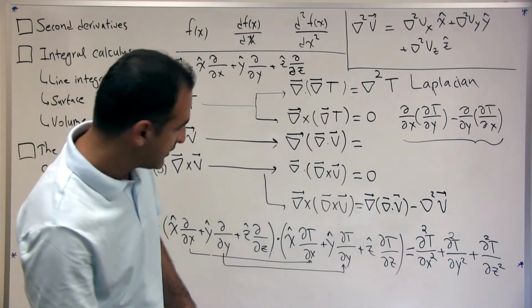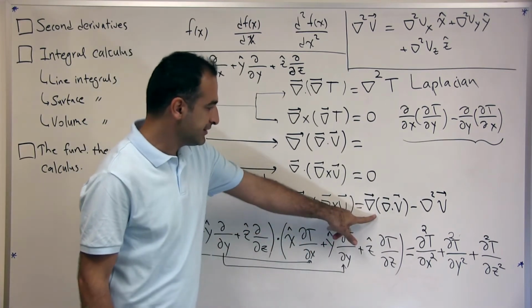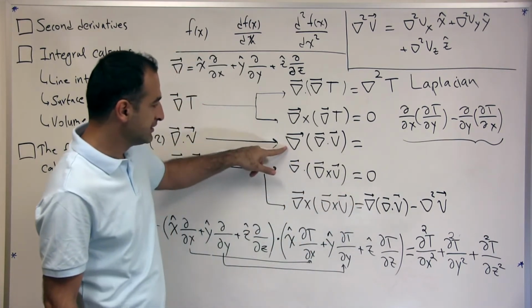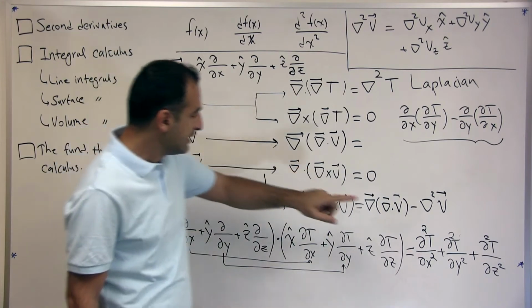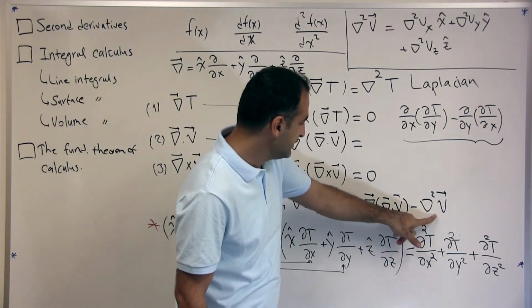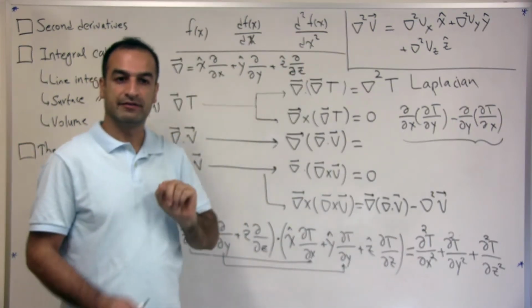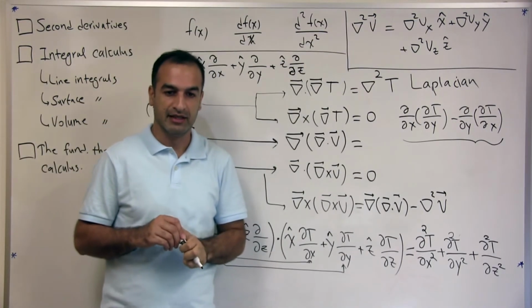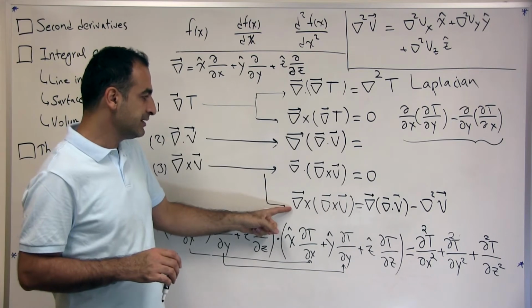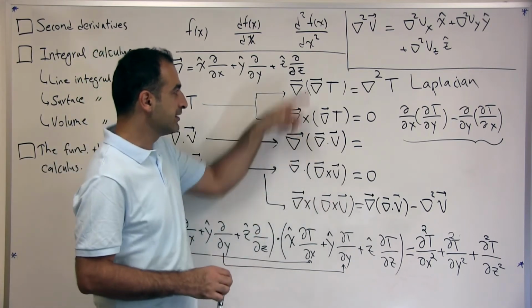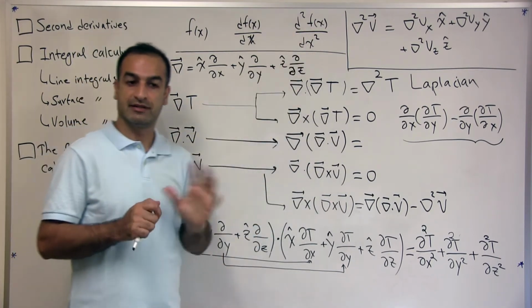Okay, so what we have here, this term is basically this one, the one that I said, right? And the Laplacian of V, okay, is exactly the Laplacian on a vector field that I already talked about. Okay, so this can be written in terms of the other vector product, second derivatives.